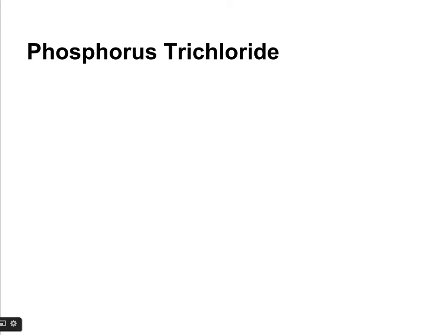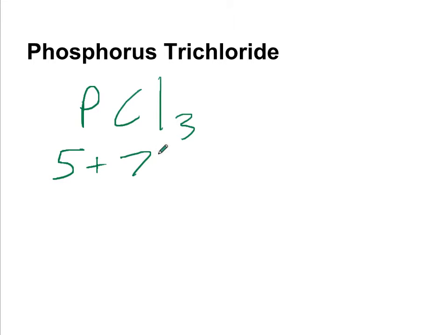So if we were going to look at phosphorus trichloride, PCl3, our first step is to add up the total number of valence electrons. We've got 5 from phosphorus, and we know that there's 7 from chlorine atoms, and there's 3 of them. So we've got 7 times 3 is 21, plus 5, that's going to be 26 total electrons that we have to draw in our Lewis structure.